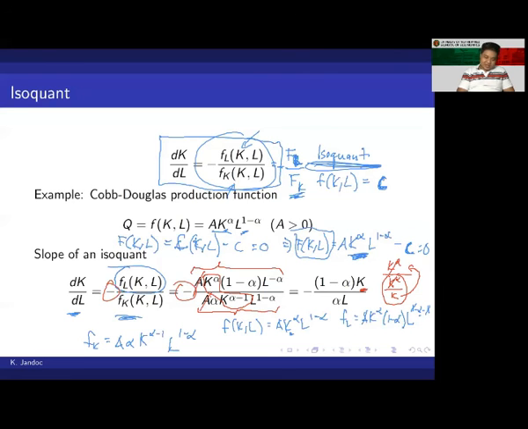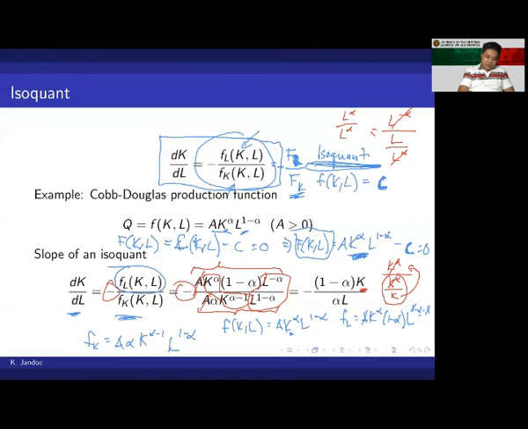Great. In the same manner, L^(negative alpha) over L^(1 minus alpha) is just L divided by L^alpha. Now this one can cancel out. If you put L^alpha here in the numerator, you have L^alpha, and then L to the negative alpha raised to the negative alpha is just the same as 1 over L^alpha.